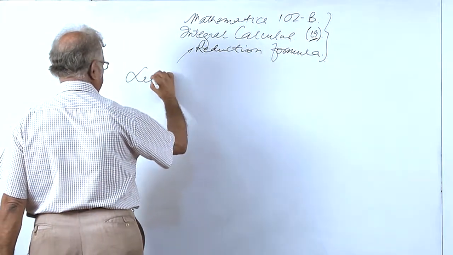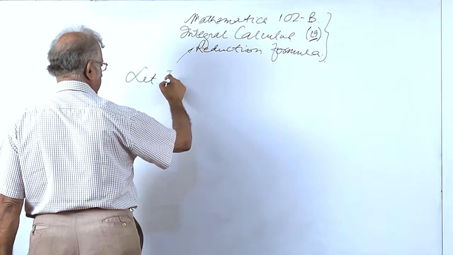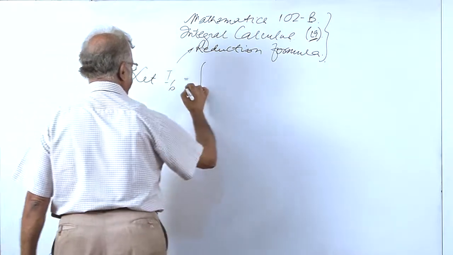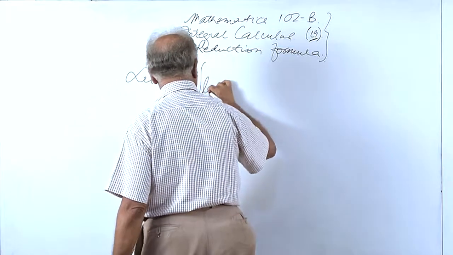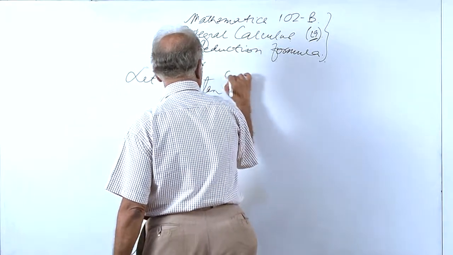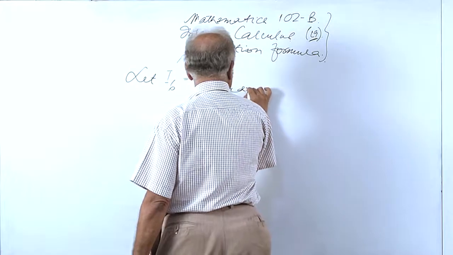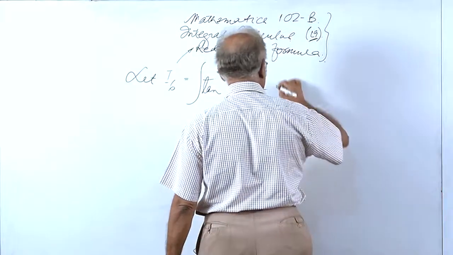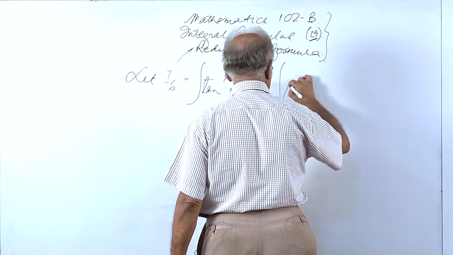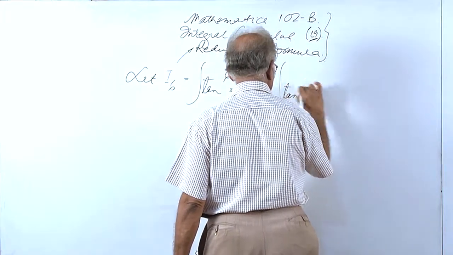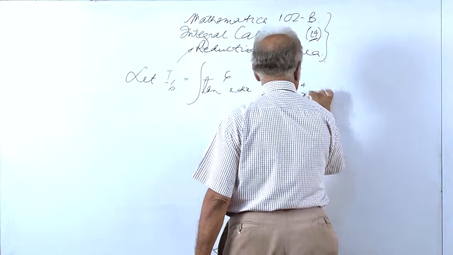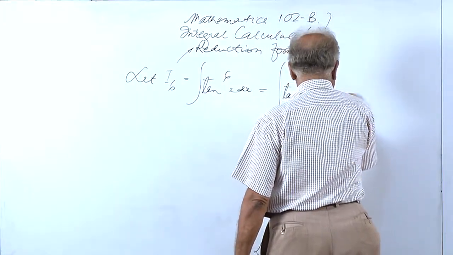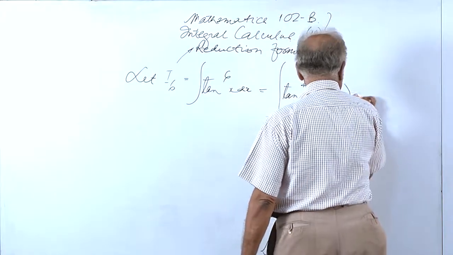Let I with the suffix 6 be equal to the integral of tan x to the power of 6 dx. Now this can be written as earlier as tan to the power of 4x into tan square x, that is sec square x minus 1, dx.